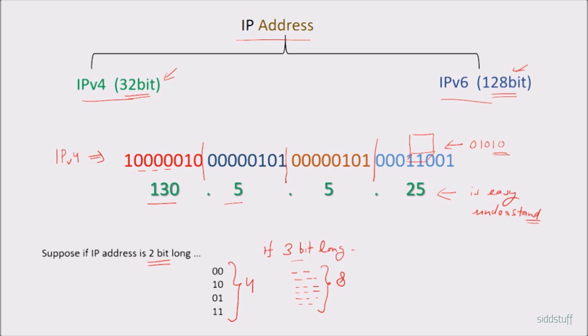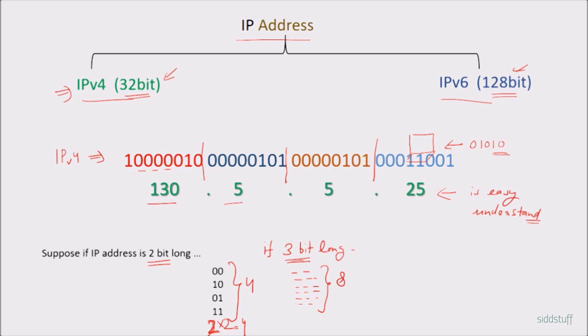Now let's move back to IP version 4, which is 32 bits long. If we want to calculate the total number of unique addresses we can get from IP version 4, we have a simple formula: we multiply 2 as many times as the size of the IP address. For example, if the IP address is 2 bits long, we multiply 2 into 2, that is 4.